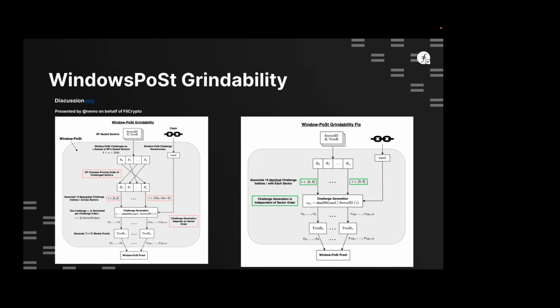As an example, a service provider could provide one set of sectors to a window post, generate the challenges, inspect them, and see if they look favorable for whatever that means for that provider. If they don't look favorable, they could reorder the sectors or choose different sets of them and keep generating challenge sets until they find one that does look favorable for them. In that sense, this is grindability, where they can do this repeatedly until they have the challenges that they want.